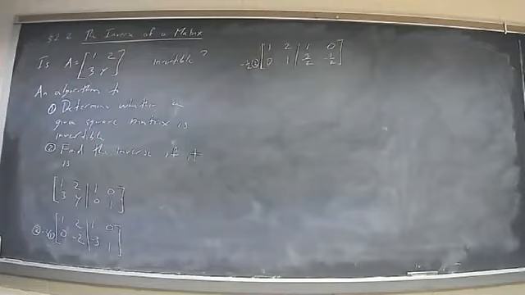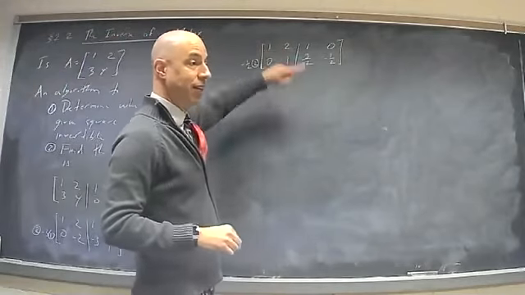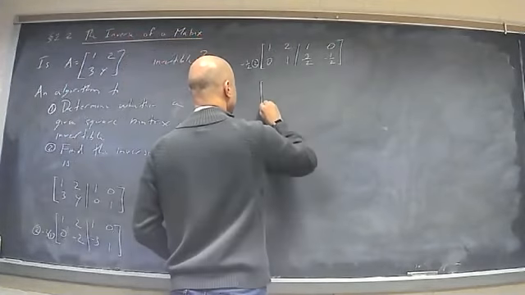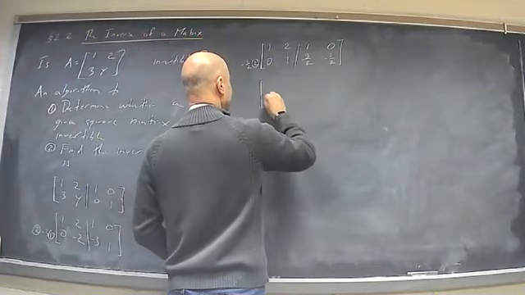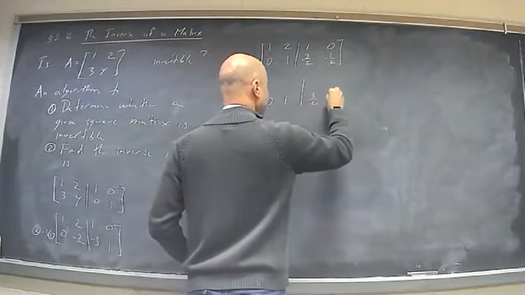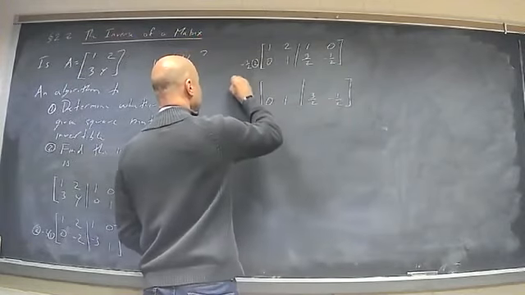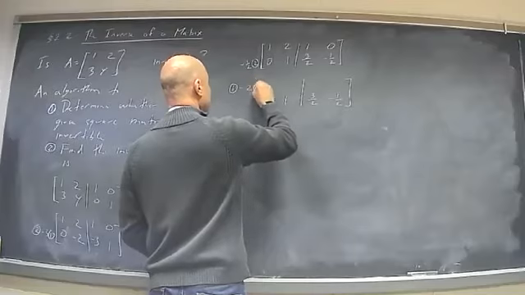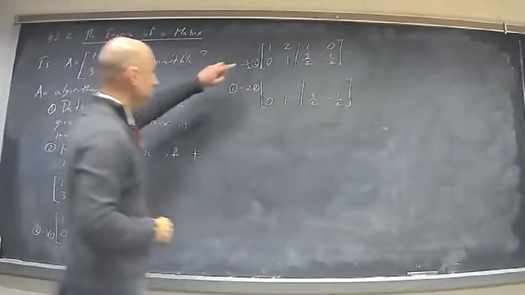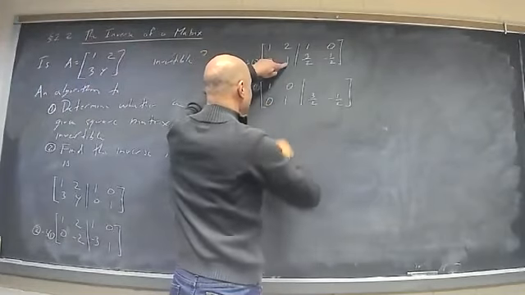I'm almost finished. I just need a 0 above this leading 1. So let's leave the second row alone: 0, 1, vertical bar, 3/2, negative 1/2. And let's work on the first row. We're going to take row 1 and subtract off 2 times row 2. So 1 minus 2 times 0 is 1. 2 minus 2 times 1 is 0.